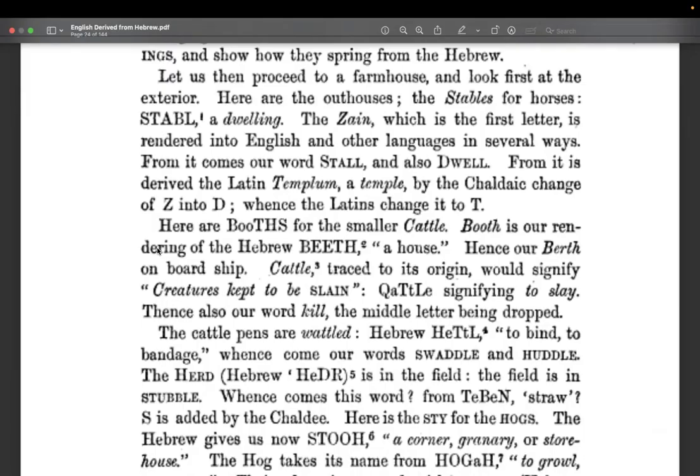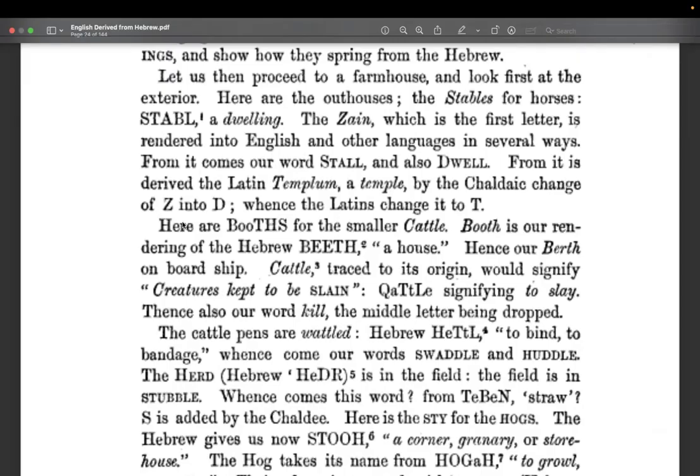And in there, it has the history of the English language, and you can see all of the things that have happened in the history of the language and how it changed over time. But it says, from it comes our word stall and also dwell, the T becoming a D.